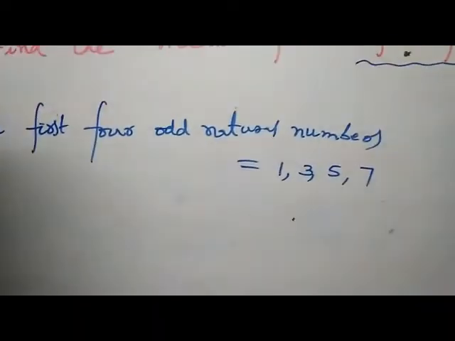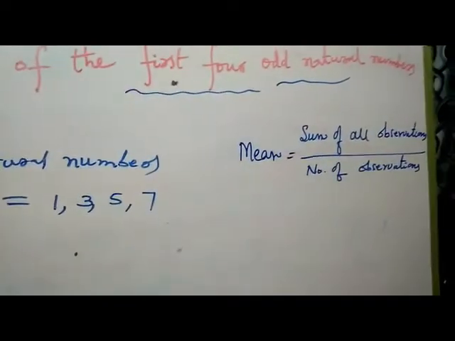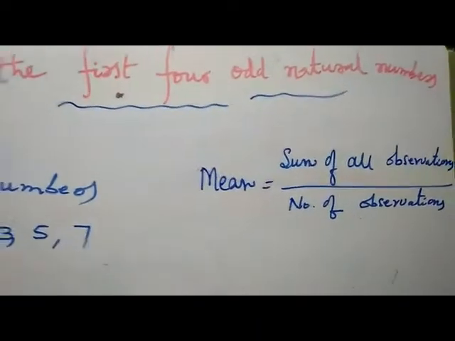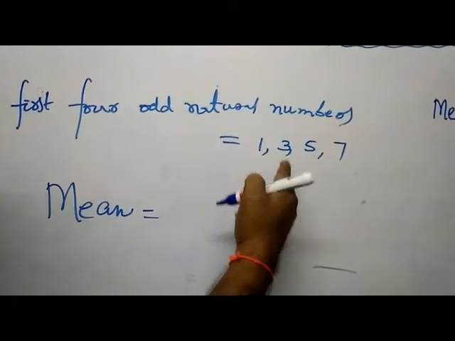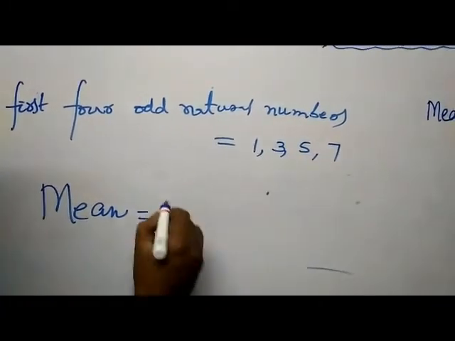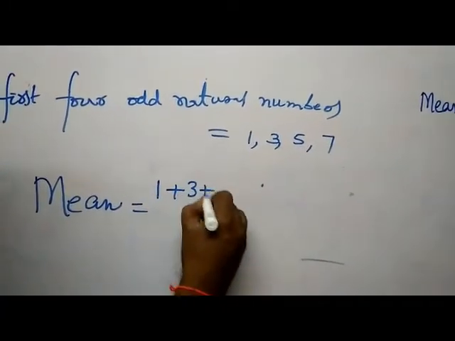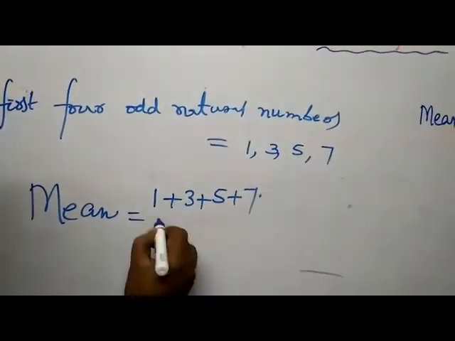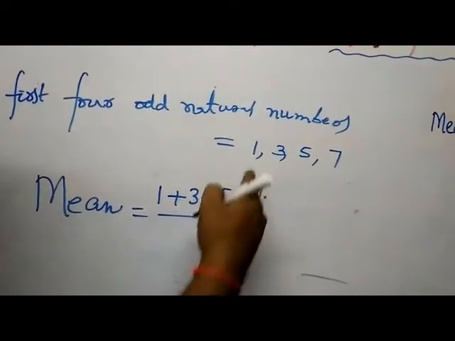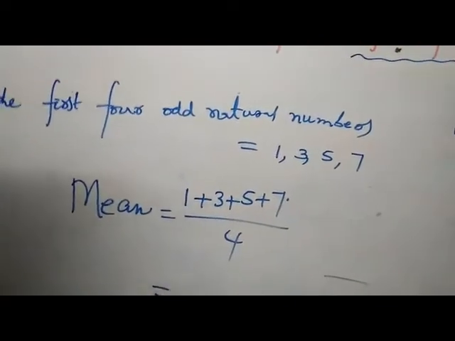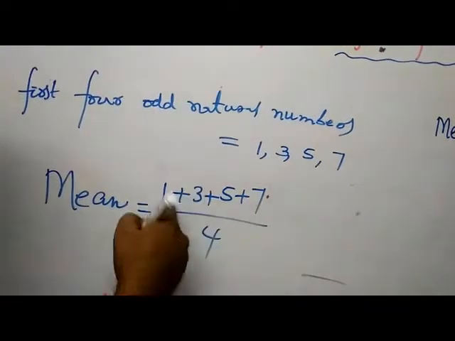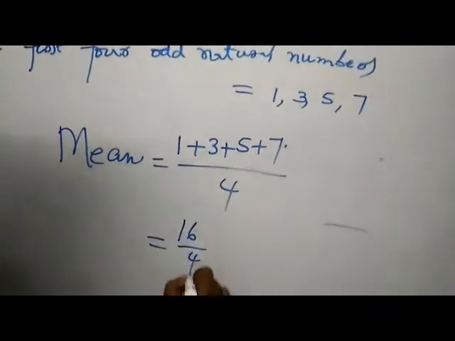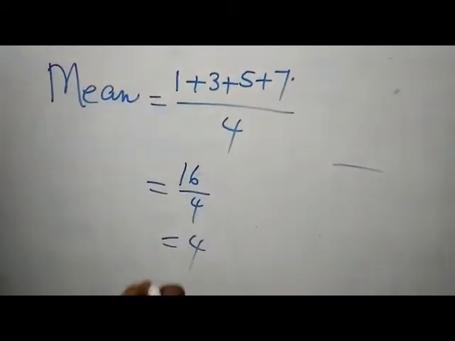Formula: sum of all observations divided by number of observations. Mean is equal to 1 plus 3 plus 5 plus 7 by total 4 numbers. 1 plus 3 is 4, 4 plus 5 is 9, 9 plus 7 is 16. 16 by 4 is equal to 4. 4 is the required mean.